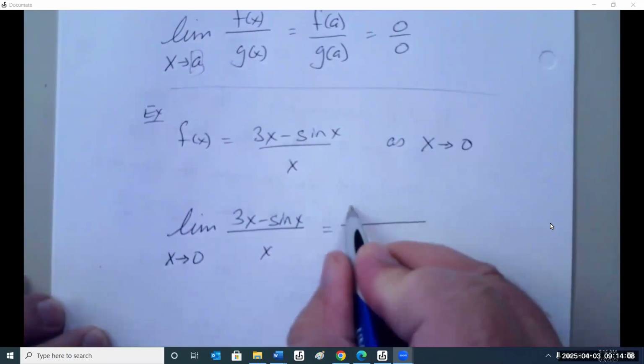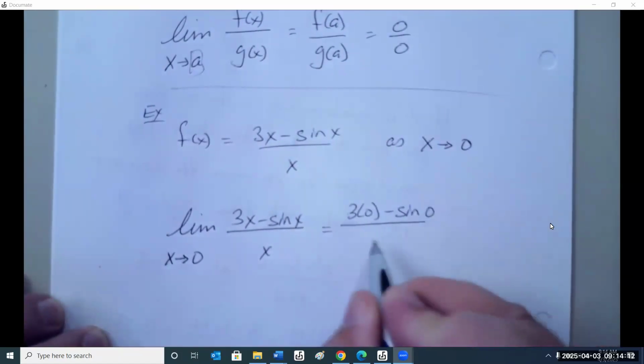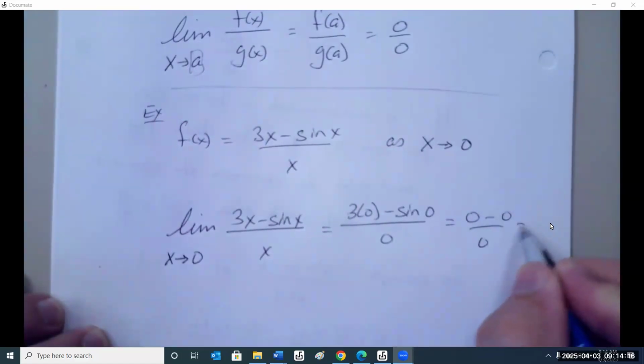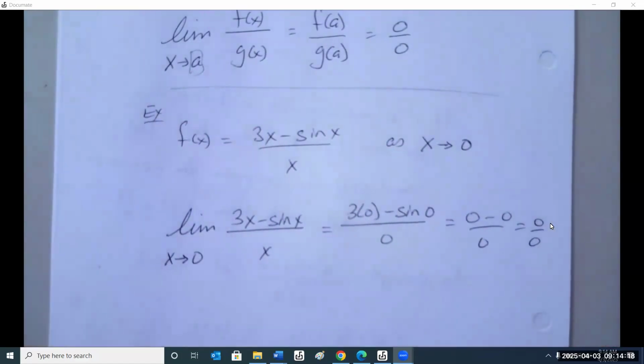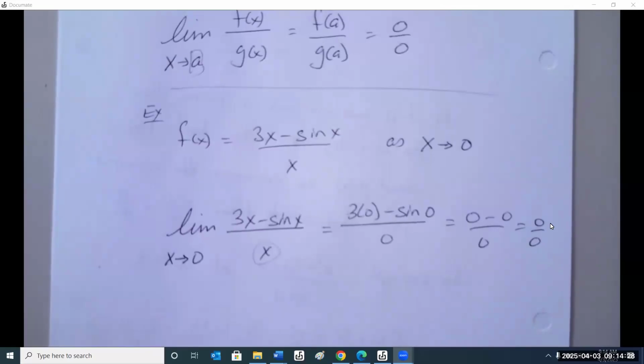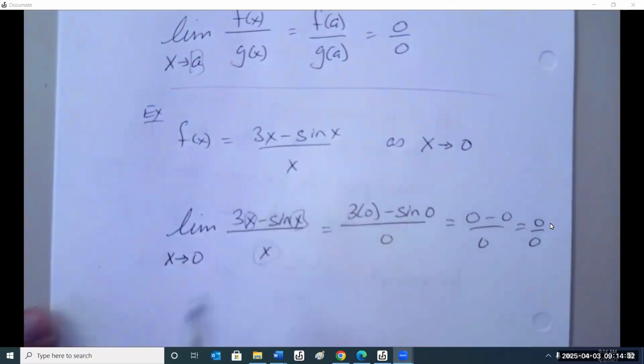So it's 3 times 0 minus sine of 0 over 0. We got 0 over 0, which is indeterminate. But we can't factor an x out of this thing because this is an angle, this is a variable.